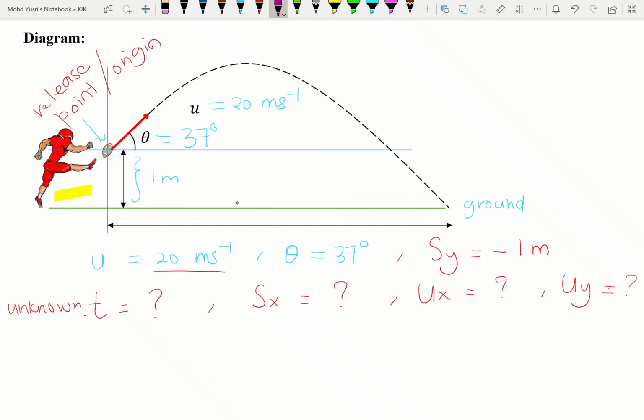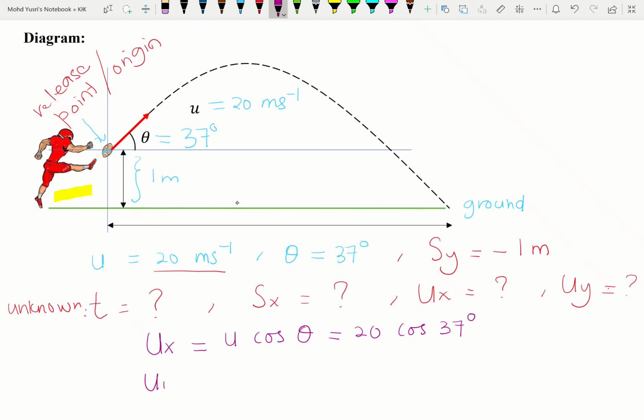Okay, let's calculate the value of Ux. To calculate Ux, we are going to use the equation Ux equals U cos theta, where U is 20 and theta is 37.